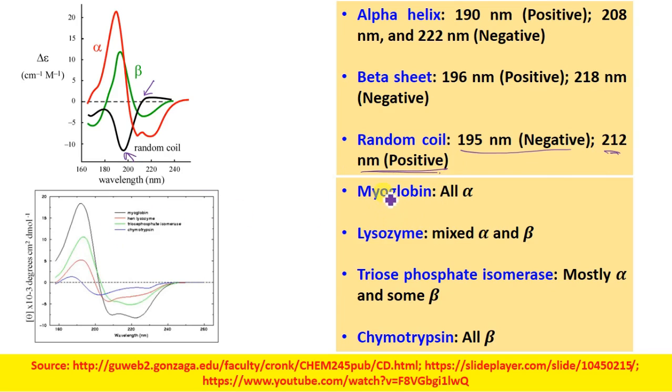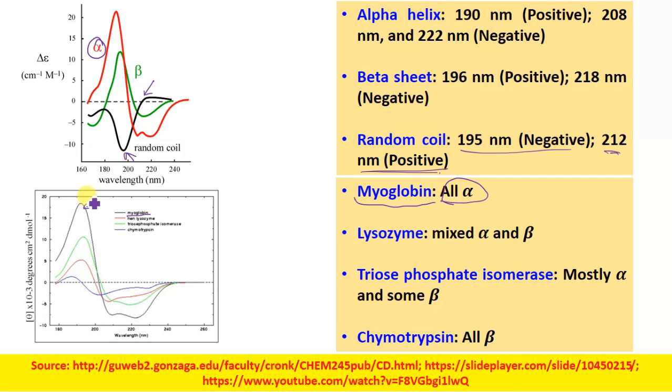Now, accordingly, say we are analyzing myoglobin and we want to find out what happens. In fact, myoglobin is an all alpha type protein, alpha helix type protein. If you look at this myoglobin spectra, it totally matches with this alpha helix.